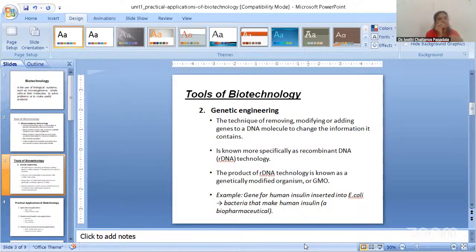Selectable marker genes are usually linked to the gene of interest to facilitate its detection once inside the plant tissues. This enables the selection of cells that have been successfully incorporated with the genes of interest, thus saving considerable expense and effort.